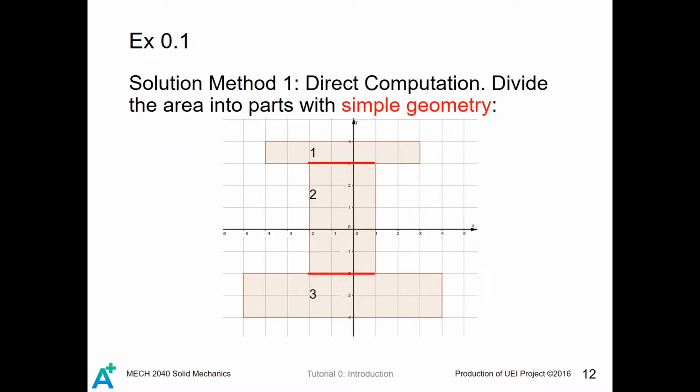In order to find Qx, we have to divide the complicated I-shaped area into simple geometries. The word simple means that the shape's average of x or average of y can be easily found.